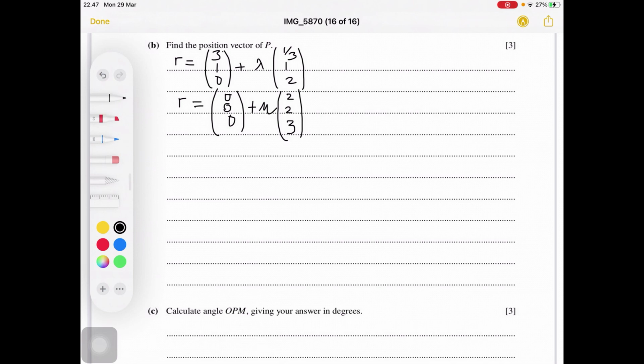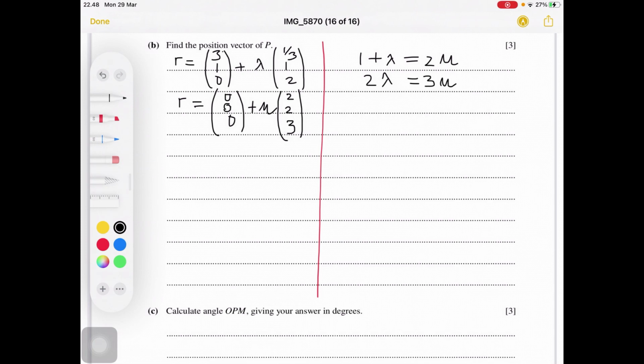For this one, it seems that it is easier to use y and z. The first equation is 1 plus lambda is equal to 2 mu. And then for the second one, using the value of z, 2 lambda is equal to 3 mu.